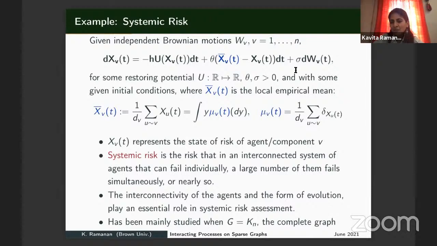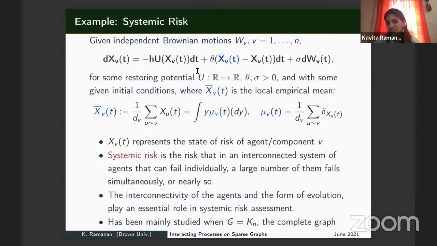You're often interested in the risk in an interconnected system. If each of them is likely to fail, which might be X_v going below some value or below the mean, then what's the probability that when they're all connected like this, the whole system fails? H tells you about the individual likelihood to fail, and theta tells you the level of interaction.